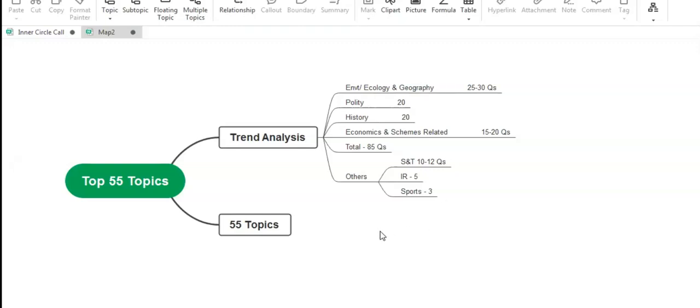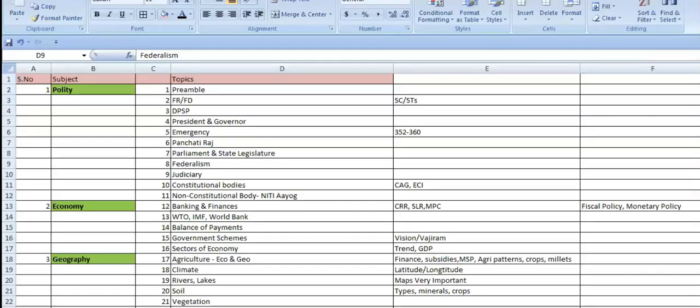I have given you how to read each and every topic, but let me give you the other things you have to cover. When you come to polity, these are the 10 areas where questions have been asked every single year.